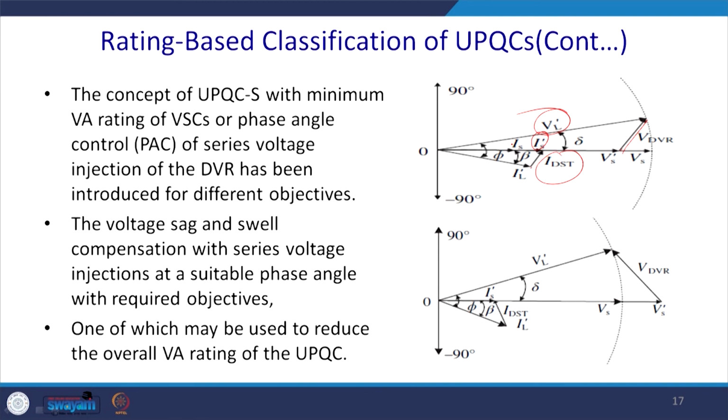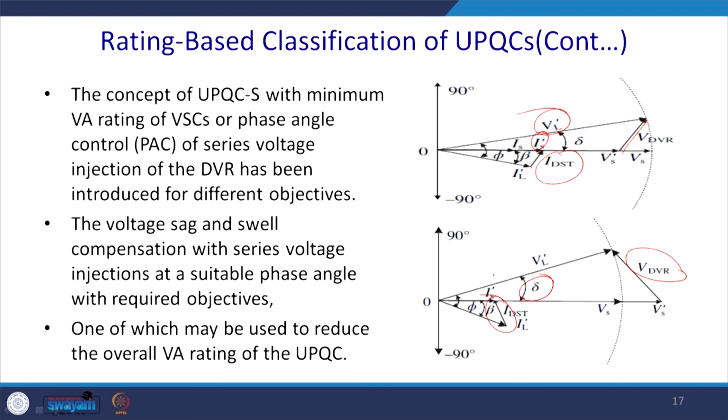So, with respect to VL and IS, you got an angle that is delta, which is pre-calculated. Based on that, you will go to the injection. Same way here also, you inject the DVR voltage, if you want to have sag compensation, and thus you require to also inject IDST, and thus you get a new delta, which is pre-calculated.